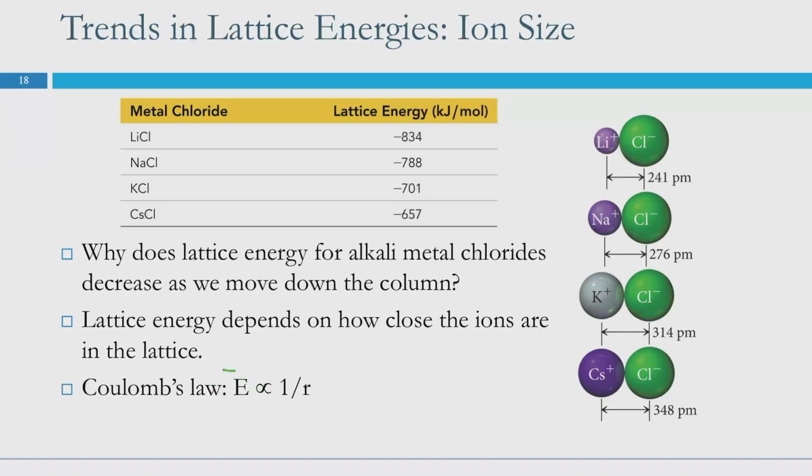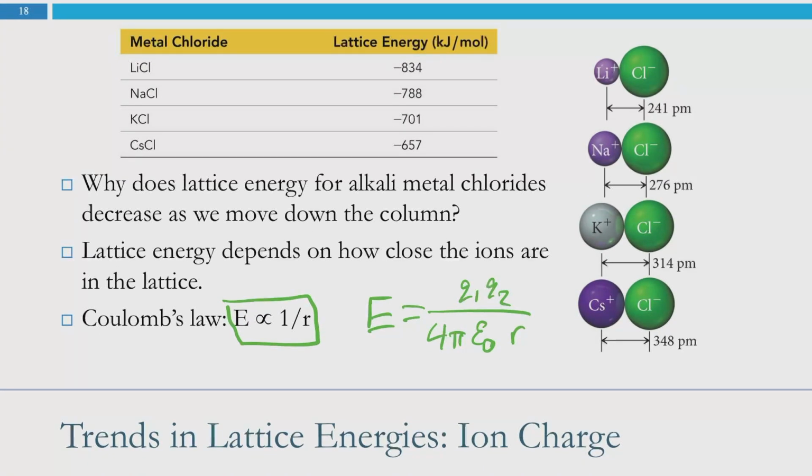We looked at Coulomb's law earlier. I don't remember exactly what it is off the top of my head, but I know that it had Q1, Q2 on the top, and it had like 4 pi epsilon naught r, or something like that, right? That looks familiar, hopefully. A funky looking thing. We don't really need to know what it is, but we know that the energy is inversely proportional to the radius.